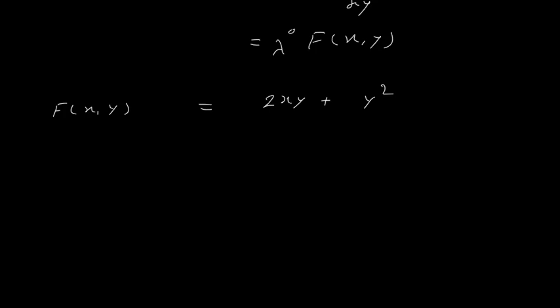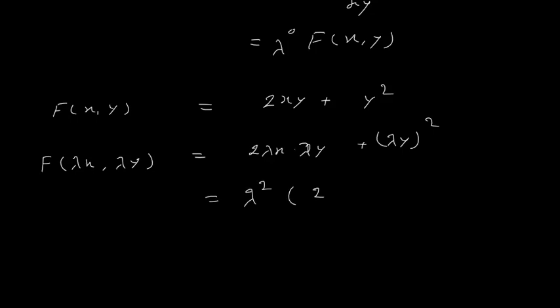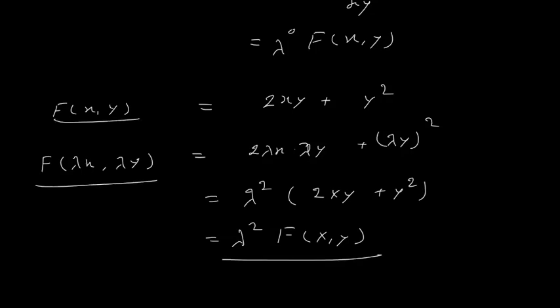Now in this case, if I take lambda x and lambda y in place of x and y, I will get 2 lambda x into lambda y plus (lambda y) the whole square. So here again you will take lambda square common and you have 2xy plus y square, that gives you lambda power 2 into f(x, y). So this f(x, y), 2xy plus y square, is also a homogeneous equation. Now here the degree of this homogeneous equation is 2.